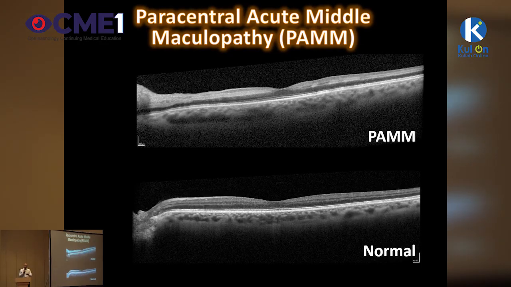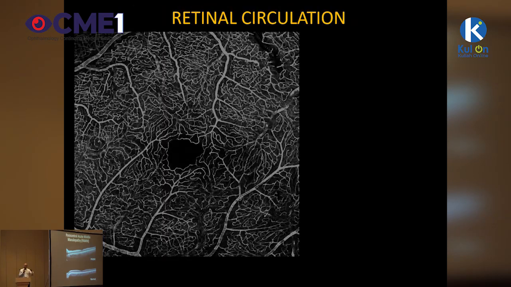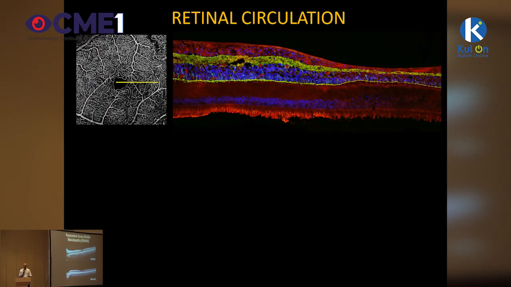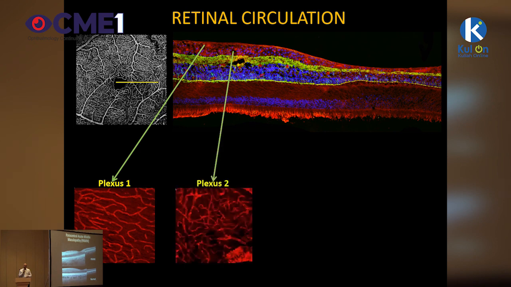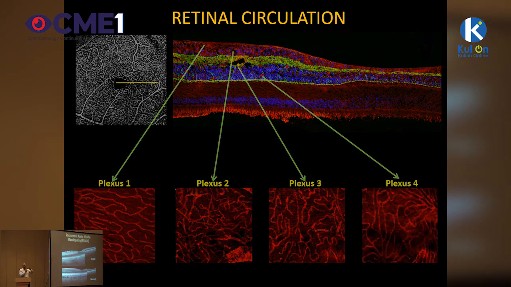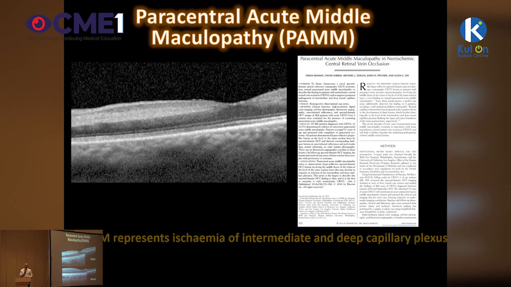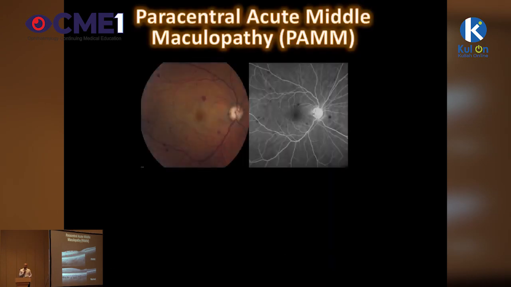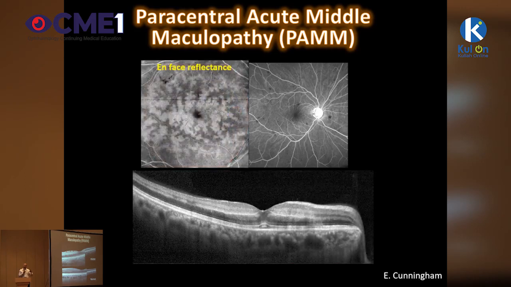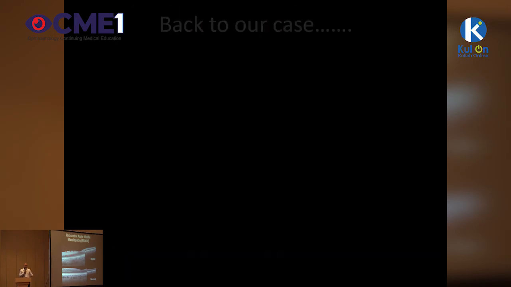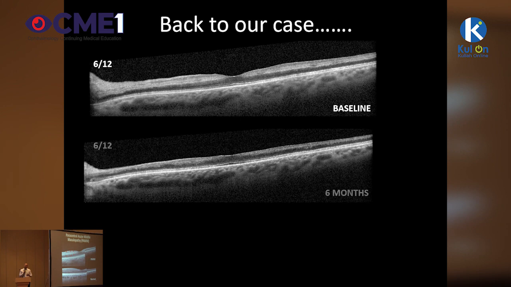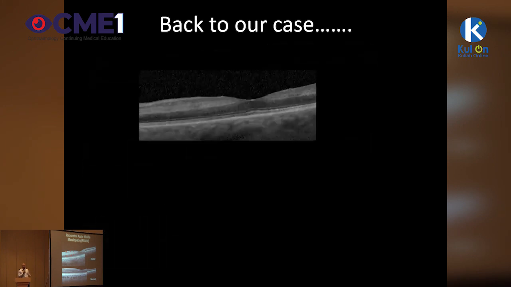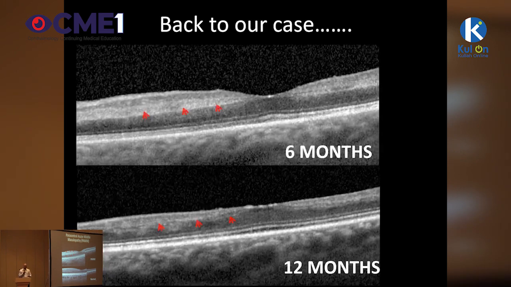So I've just compared a normal OCT to a PAM in this particular slide. And you can see that in the PAM lesion, you've got this band of hyperreflectivity on the OCT. And what that signifies is that the ischemia is not the entire retina, it's just the middle plexus of the retina. So it's a different type of non-perfusion or ischemia than you would normally consider.